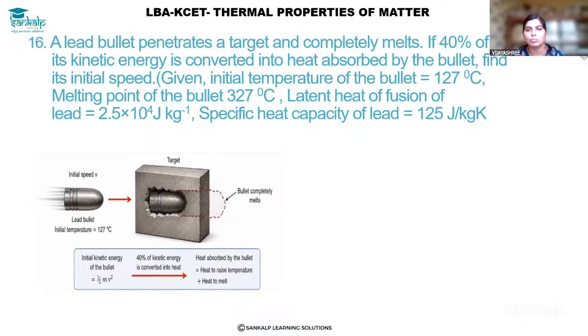Given initial temperature of the bullet is 127 degrees Celsius, melting point is 327 degrees Celsius, latent heat of fusion of lead is 2.5 x 10^4 joule per kg, specific heat capacity of lead is 125 joule per kg per Kelvin.